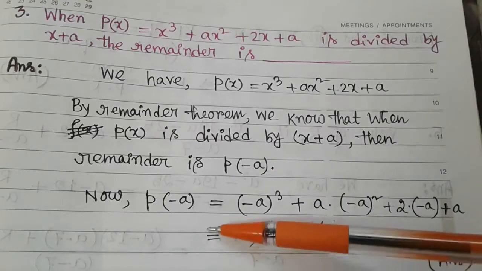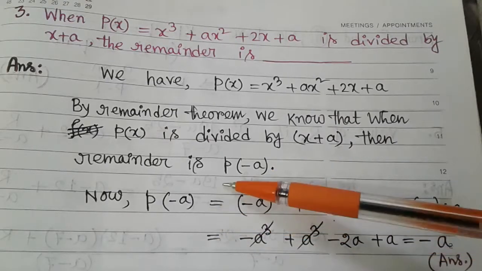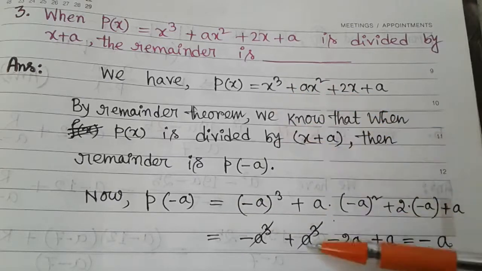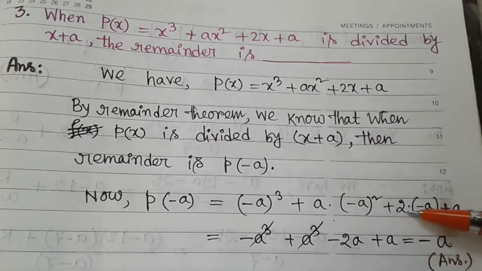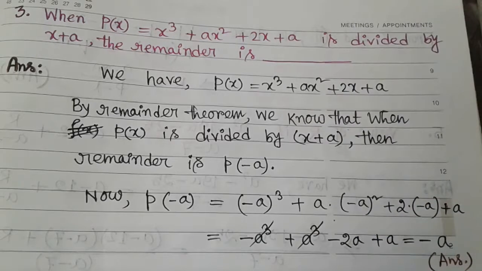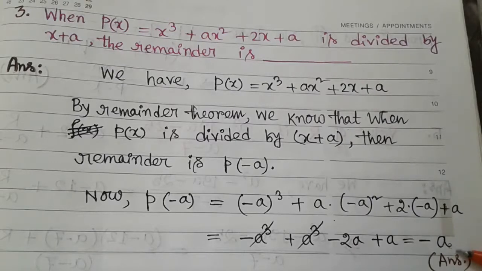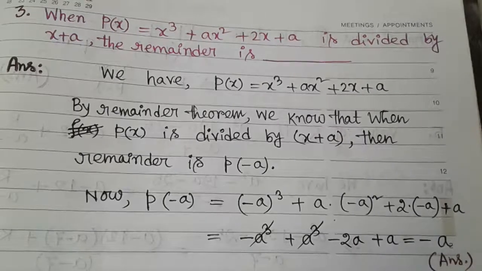Now p of minus a is equal to, we put the value minus a in place of x, then (minus a) whole cube plus a into (minus a) whole square plus 2 into minus a plus a. That is, finally we get minus a. This is the required answer.